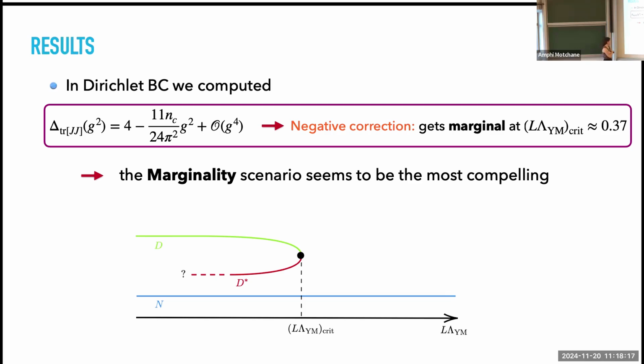One thing that can be explored, this is not something that we are currently doing, but it may be done: this is AdS4, D equal to 3.